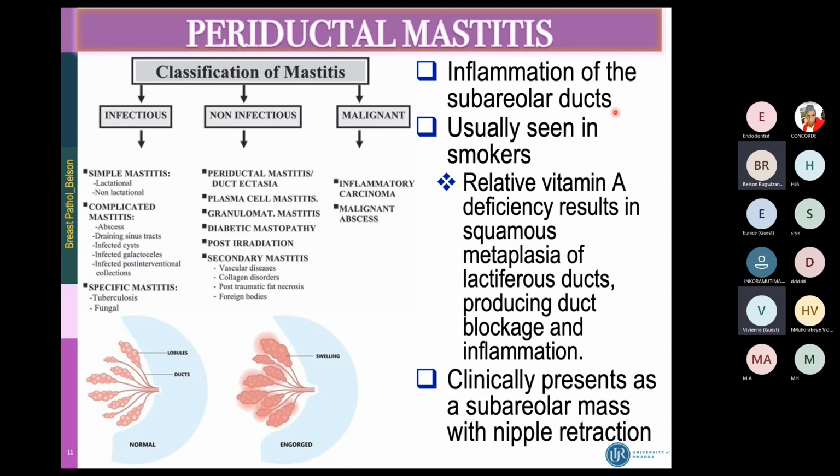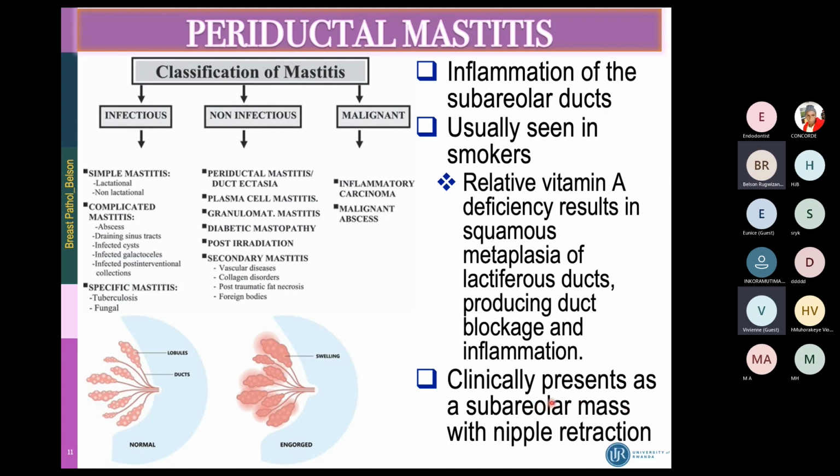But if these ducts become metaplastic and become lined by stratified squamous epithelium, we understand that stratified squamous epithelium is thicker than the pseudostratified columnar epithelium. Therefore, if there is stratification of the epithelium, the caliber of the ducts will be decreased, and thus the blockage of the milk passage will happen.